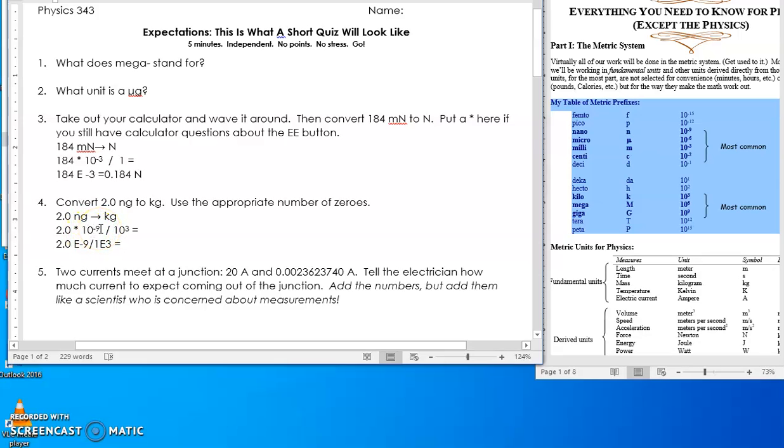Negative 9 in the numerator, 3 in the denominator. Denominator is also negative. Either way, calculator says 2e negative 12. The calculator's rounding, we know not to round. That's 2.0 e negative 12, or 2.0 times 10 to the negative 12th.